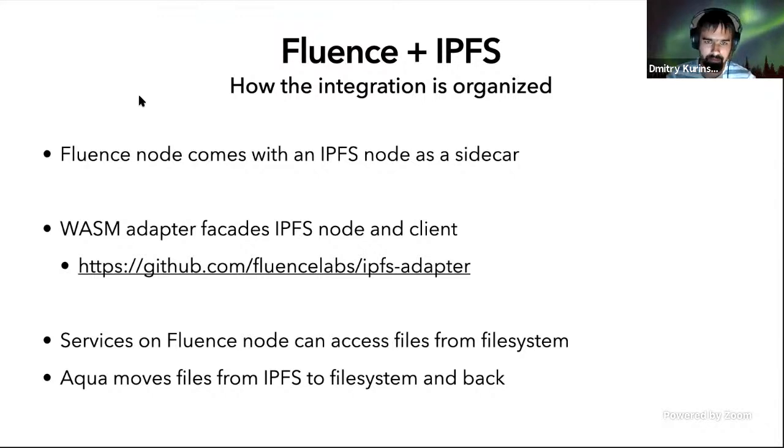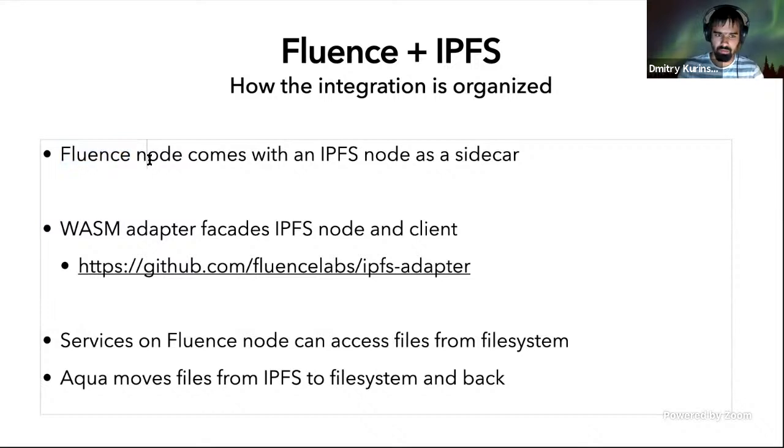One step back about the Fluence plus IPFS integration. Is it tight or not? What about nodes? So first of all, this integration comes by default. The default deployment of the Fluence node contains an IPFS daemon.